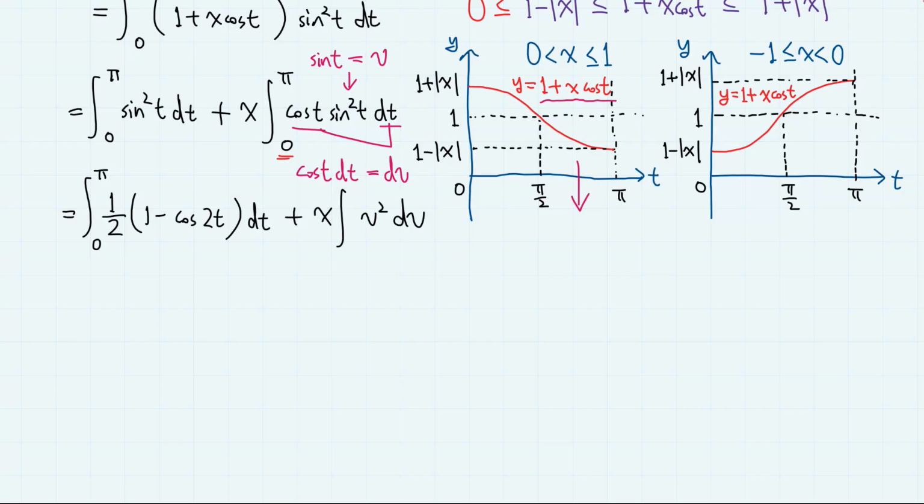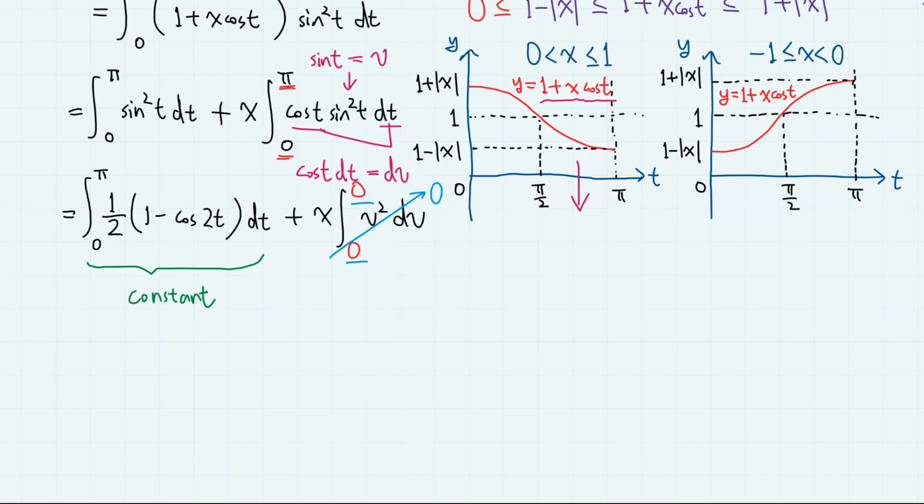Well, when t equals 0, sine t also equals 0, and when t equals pi, sine t equals 0. So the interval of integration is from 0 to 0, meaning that the value of the integral is 0. So the second term is 0. And since the first integral gives a constant value, we know that f of x is constant.